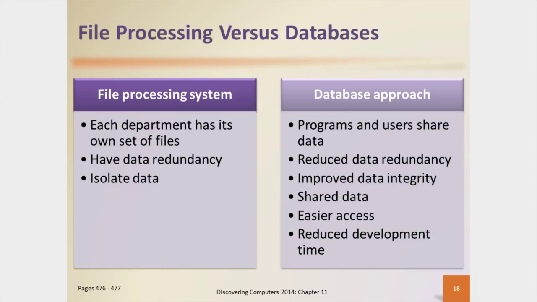Well, if the student updates their record for the HR department to indicate a change of address so that they can continue to receive their paycheck, that's great until they go to graduate and the registrar's office wants to send them a notification that says they can't file for graduation because they have a fine. Because we have data that's stored in two different places, unless that address is updated at both places, we have inconsistent data. And it's inconsistent data because it's redundant data. So that's a problem with the file processing system.